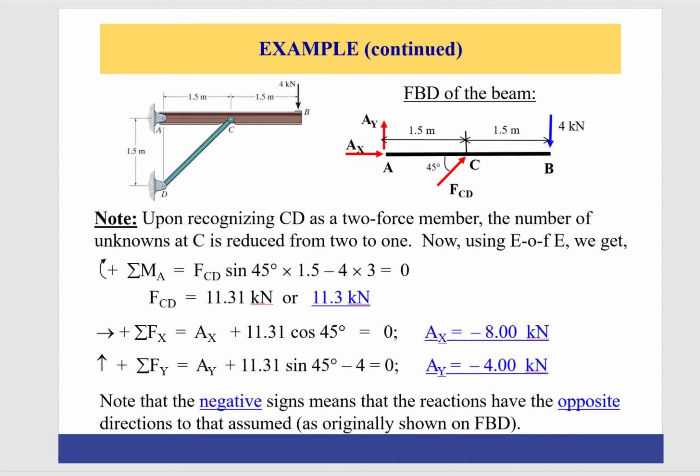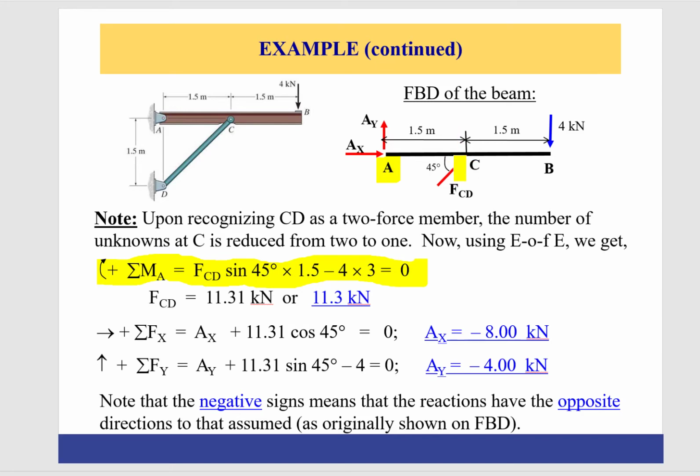Now the next step, I think all of us are familiar with it, is to choose a point to calculate the moment, and we choose point A. For point A, the moment of the forces AX and AY is 0. The moment of FCD is simply FCD sine 45 multiplied by the distance 1.5, and that is counterclockwise, so it's positive. However, the moment of the 4 force is going to be clockwise.